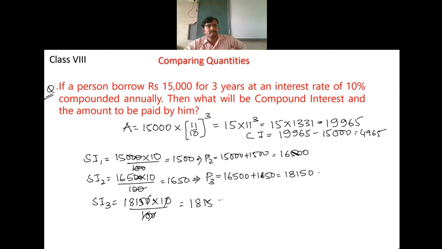Now we add these simple interests. The first interest is 1500. The second interest is 1650. The third interest is 1815. Do we get the same here? 4,965. Correct, sir. So our method is correct. There is no doubt.